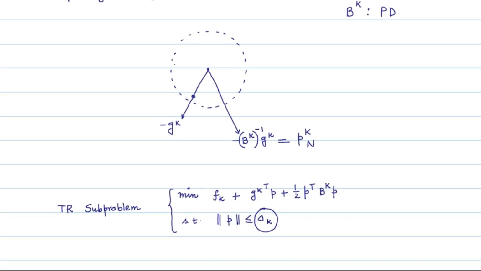Let's suppose we are considering a smaller value of delta_k. Then norm p is smaller, and accordingly the second order term in the model function will have low influence on the optimum solution. So this trust region subproblem will almost behave like minimization of a linear function subject to norm p less than or equal to delta_k when delta_k is small.